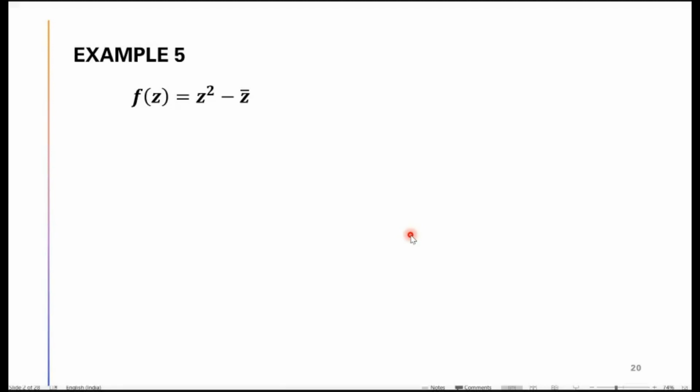So put z is equal to x plus iy. And f of z is equal to u plus iv.